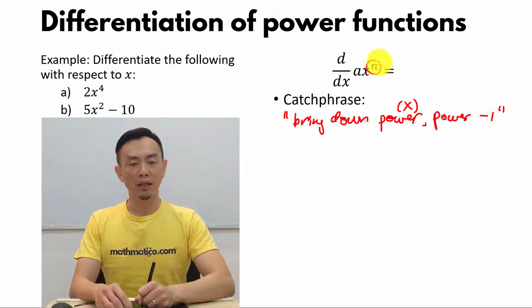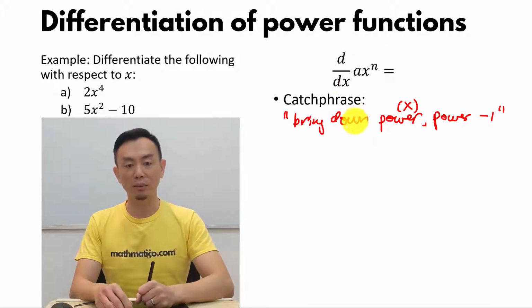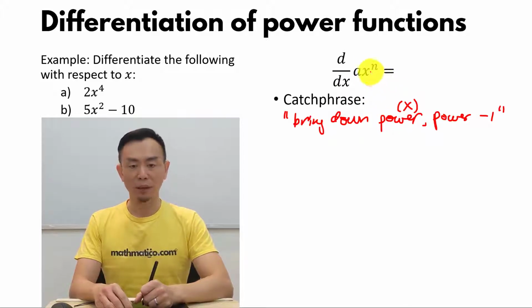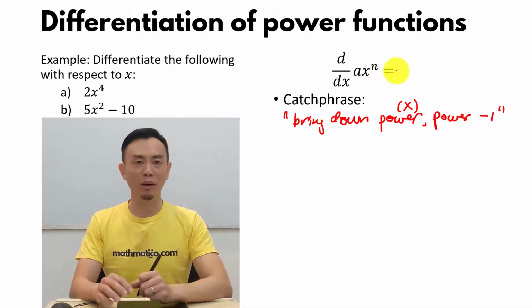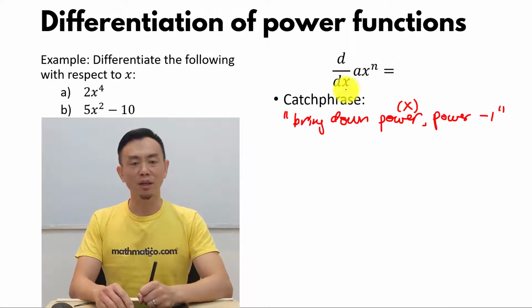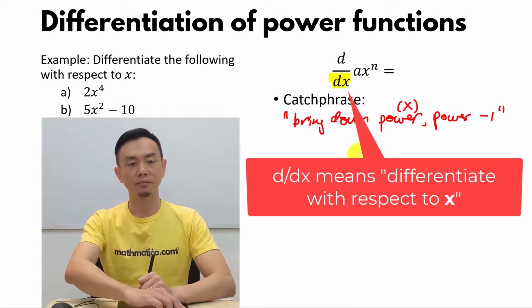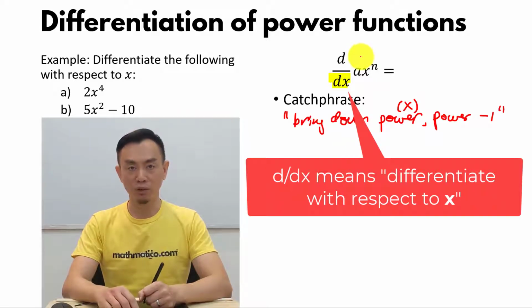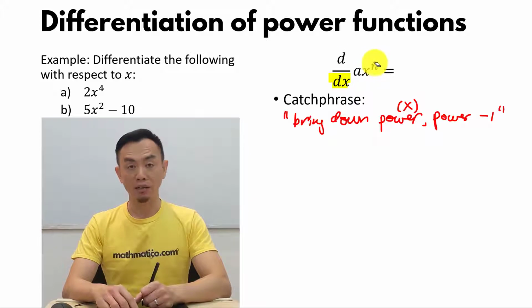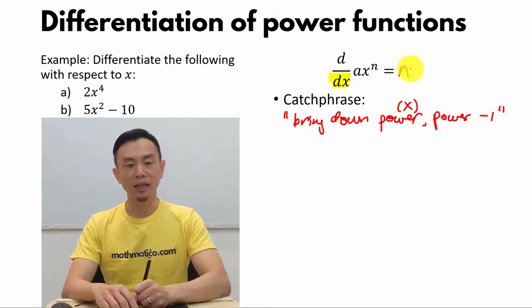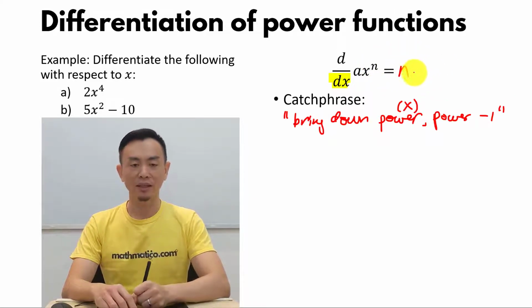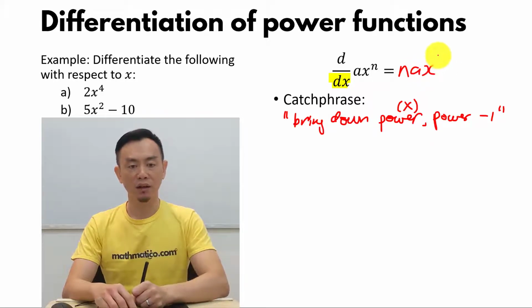Now we must be clear that we are bringing down the power of x, not the power of p, power of q, or power of 3, or whatever it is, because we are differentiating with respect to x. Can you see the dx here? Yeah, we are differentiating with respect to x, so we're going to bring down the power of x to the power of n. This n here is going to come down, and it becomes a multiply. Okay, n times ax to the power of n.